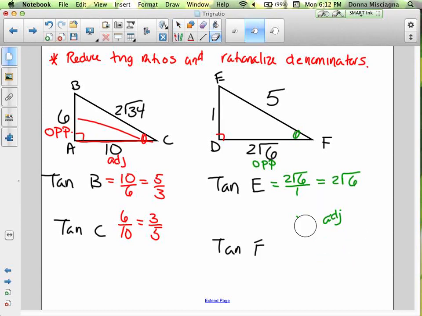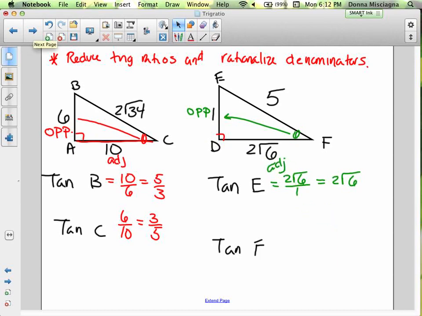So the side opposite from angle F is going to be this leg, which is labeled with a 1. This is now the opposite. Let's move opposite over. And now the adjacent leg is the leg that makes up part of angle F.